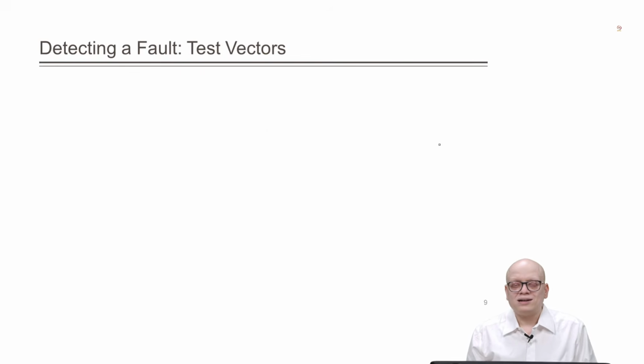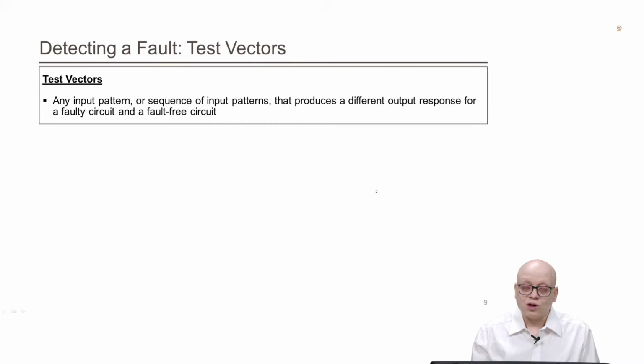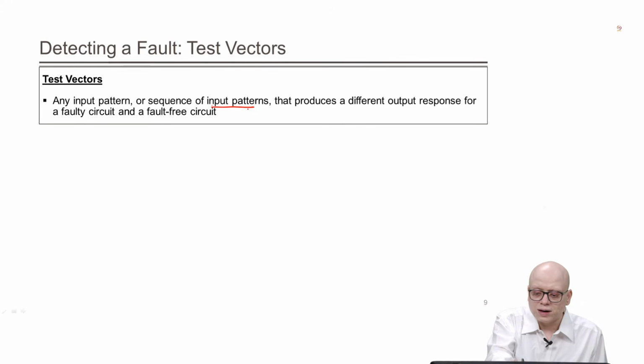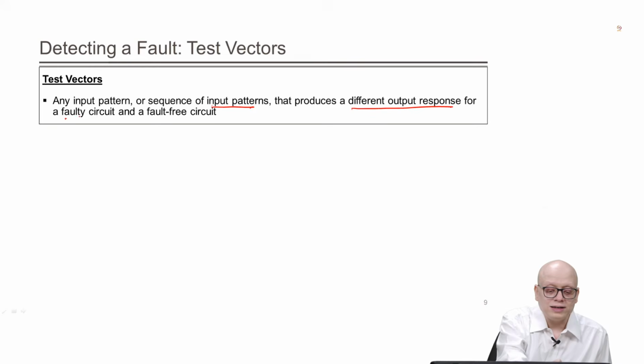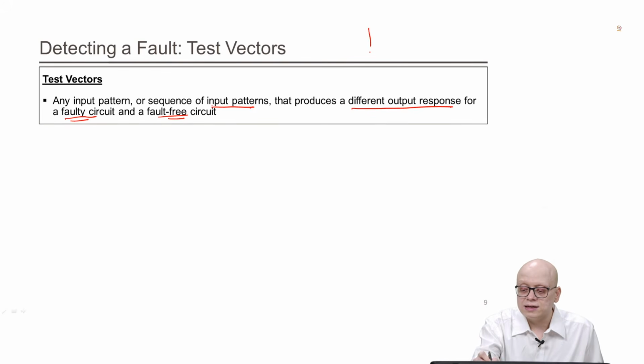Now, let us look at how we can detect a fault in our circuit. We detect faults in our circuit using test vectors. Now, what are test vectors? Test vectors are any input pattern or a sequence of input patterns that produces a different response for a faulty circuit and a fault free circuit. For example, let us take that this is our given circuit and these are the inputs.